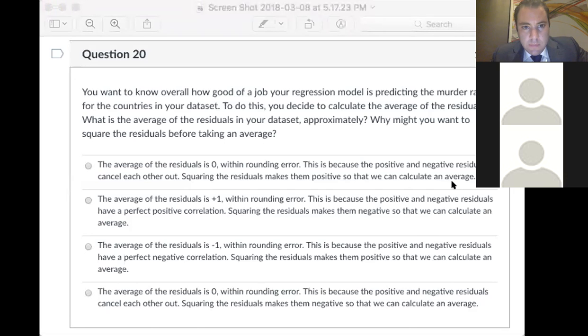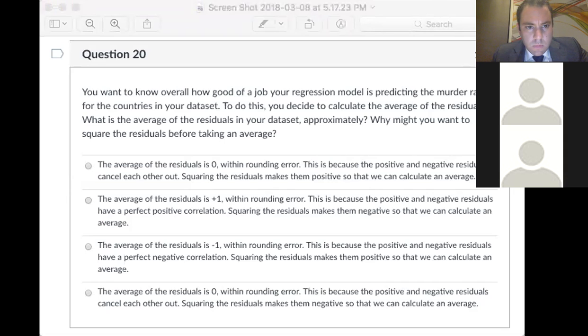The answer that was the correct answer was the fourth bullet point that said squaring the residuals makes them positive, so we can calculate an average, as the answer to why might you want to square the residuals before taking an average.